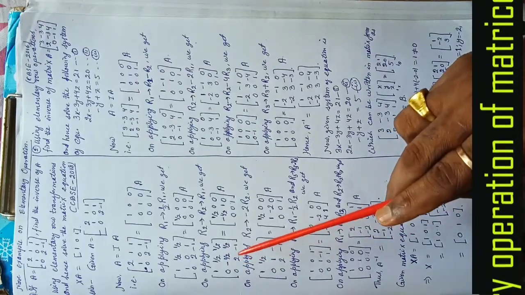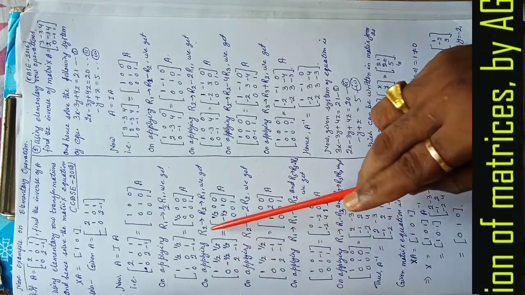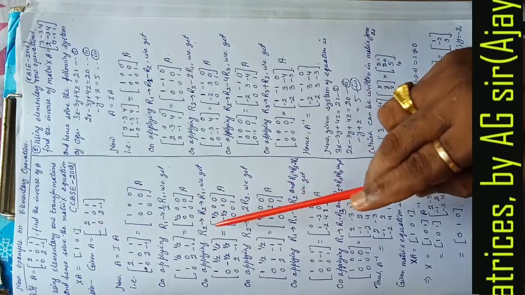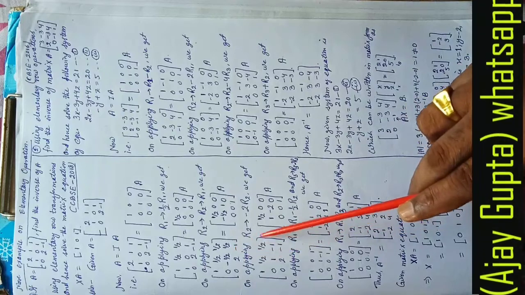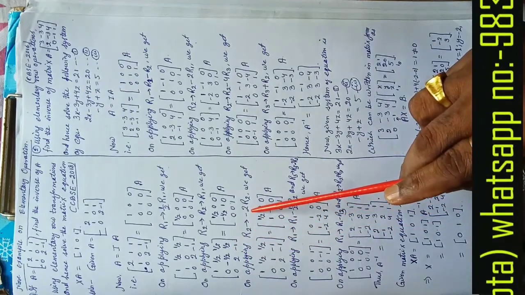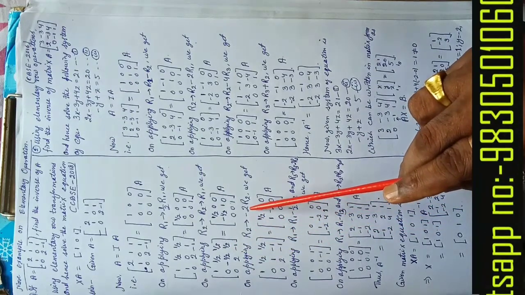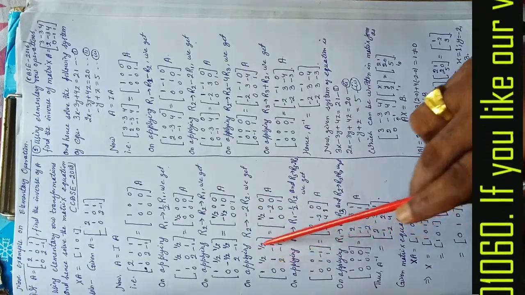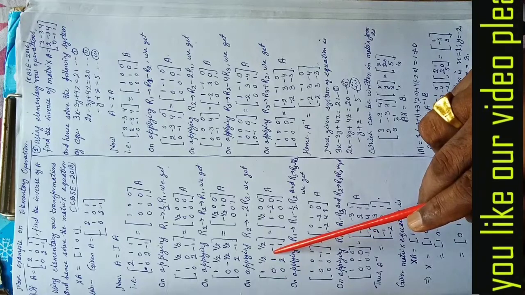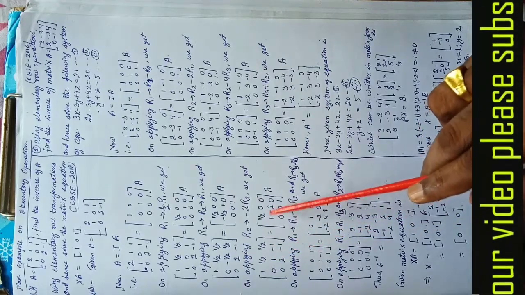To get the elements of the unit matrix, we decide which operation is appropriate. Then we applied row 2 multiplied by 2, so that we get this one. The same operation must be applied here also.